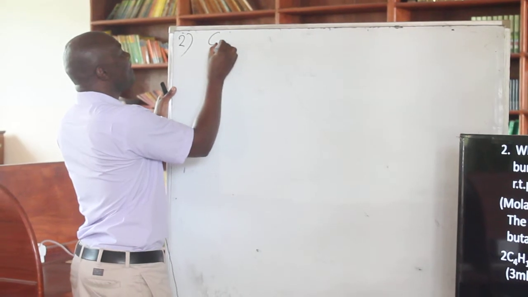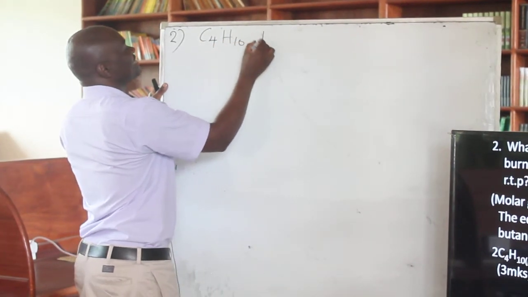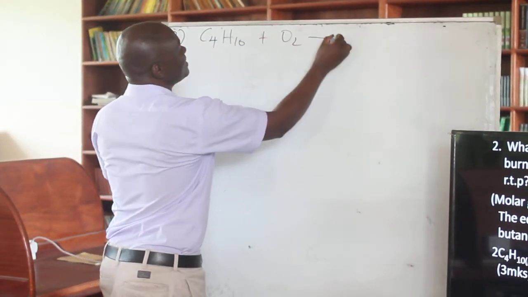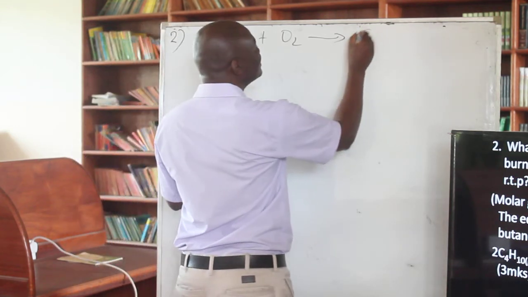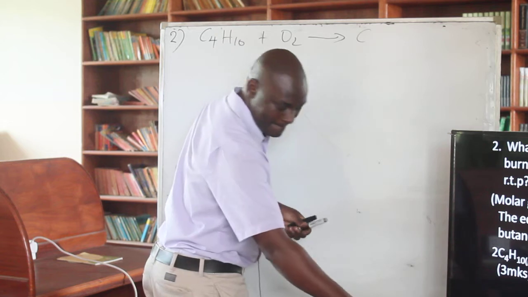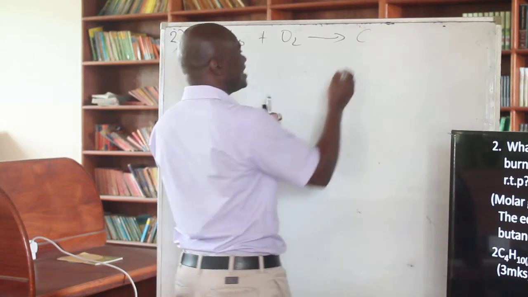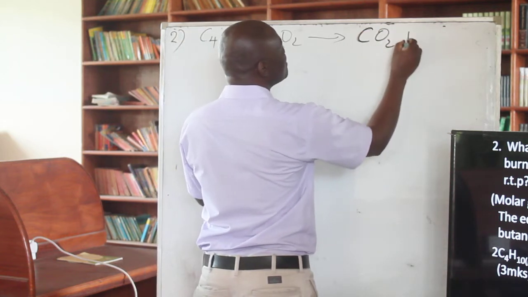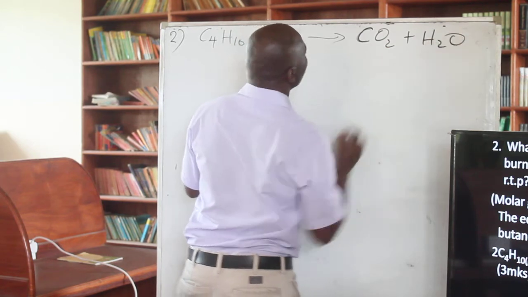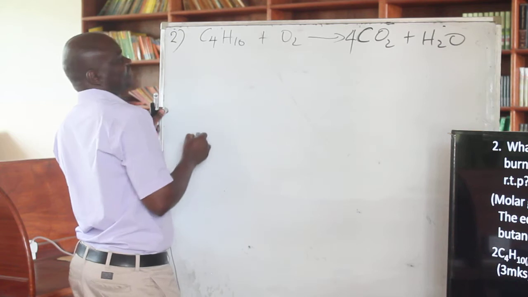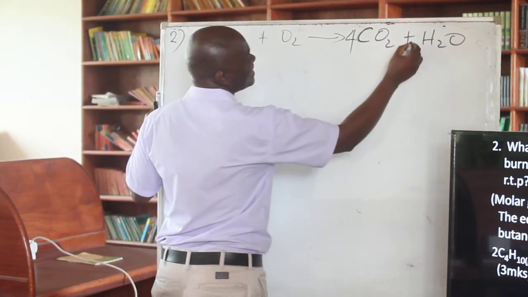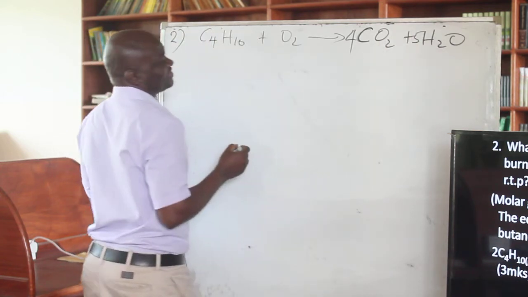Butane is C4H10, burning in oxygen to give CO2 plus water. 4 carbon, 10 hydrogen.